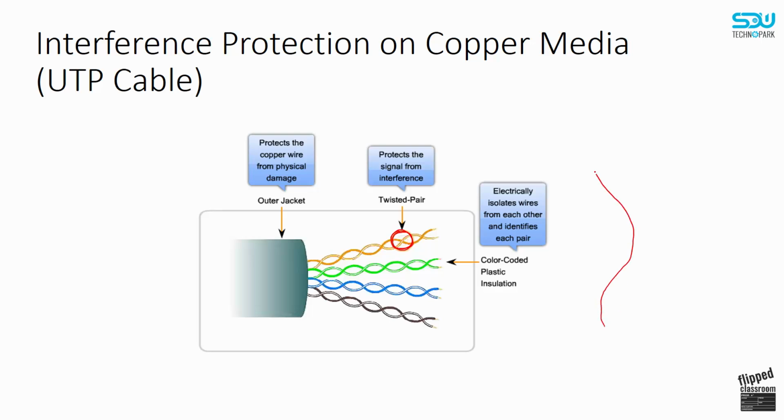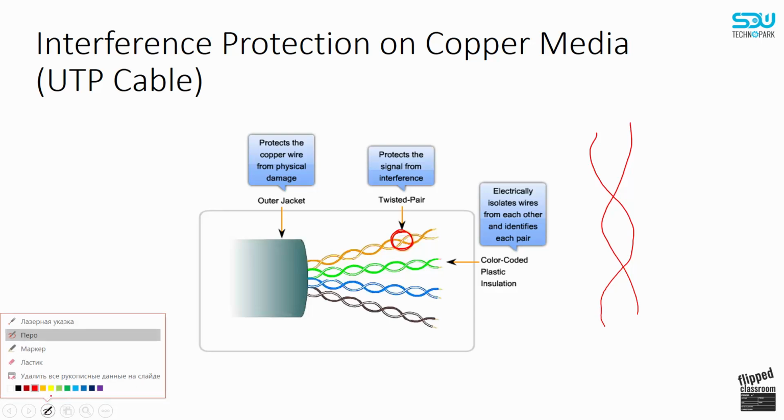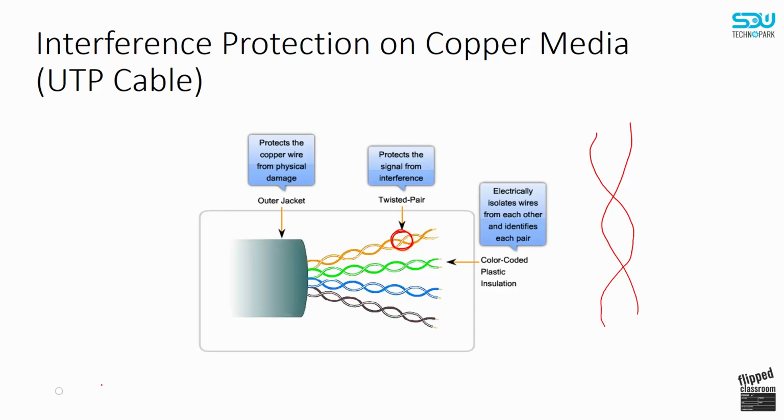For example, take the twisted pair of white orange. Imagine that white orange and orange are twisted like this. And let me select the green one. The green twist will not be absolutely the same. Its length and its position will be different.